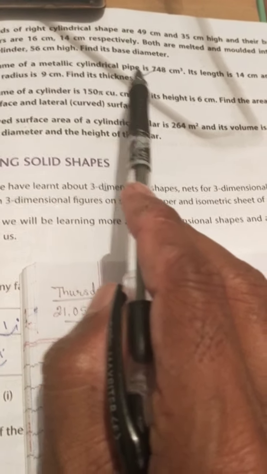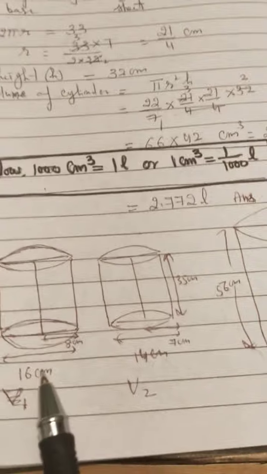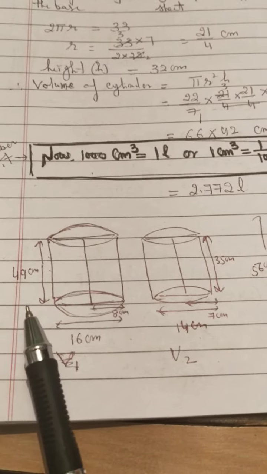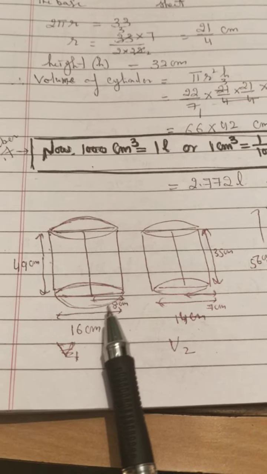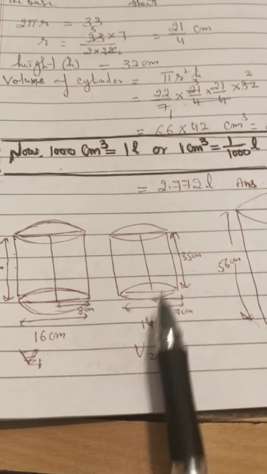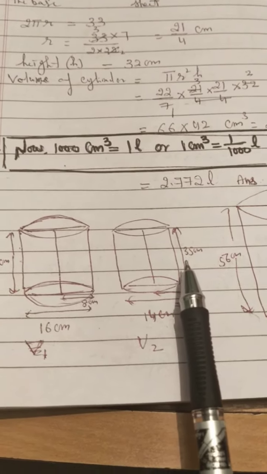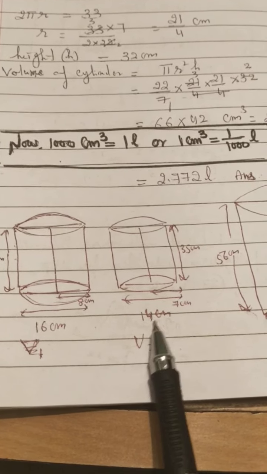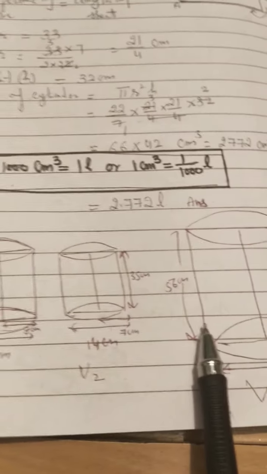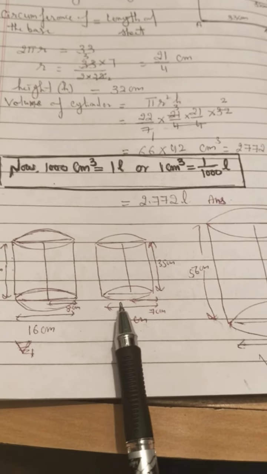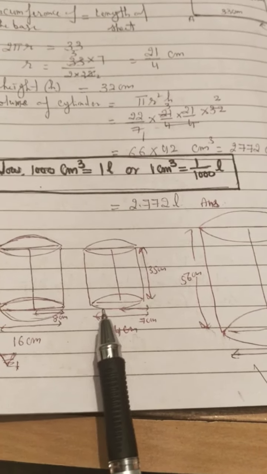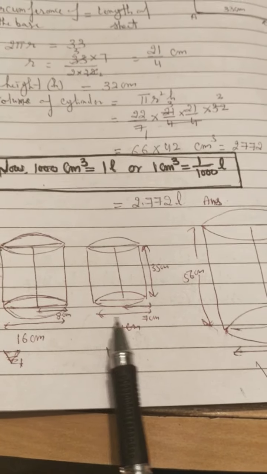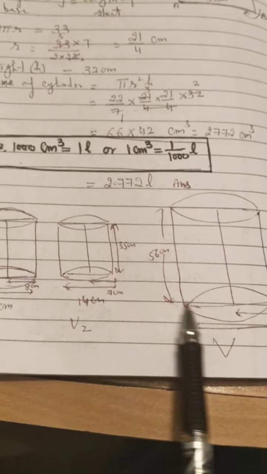Find the base diameter. So here there are two cylinders whose heights and diameters are given. Height is 49, diameter is 16, so the radius will be 8. For the second, height is 35 and base diameter is 14, so the radius will be 7, and both the cylinders are melted and molded into a single cylinder.